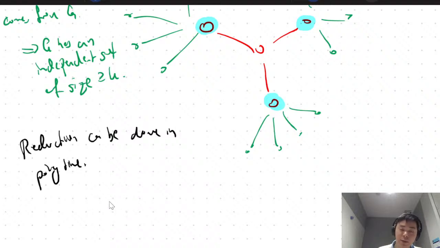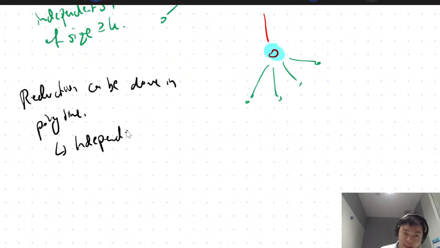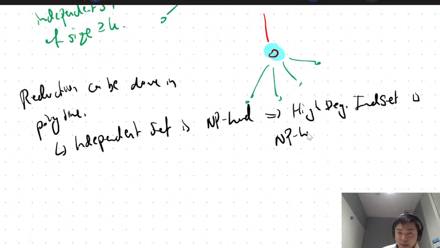And so we've proven both of the directions. And the last thing to do is to conclude that it's NP complete. So here we have that independent set is NP hard, which implies that high degree independent set is NP hard.